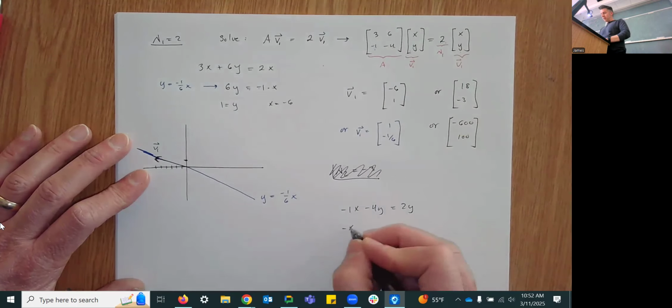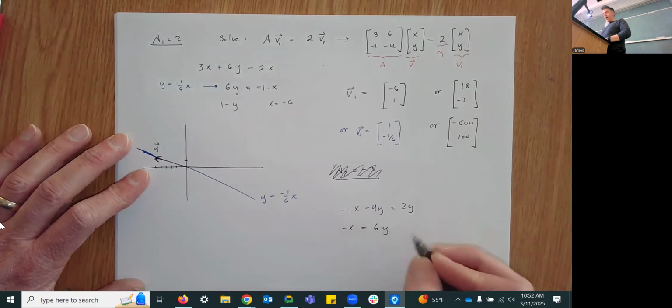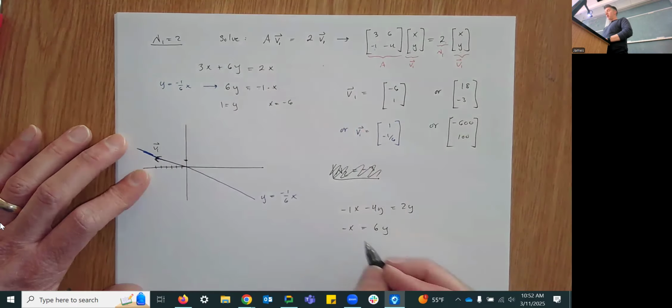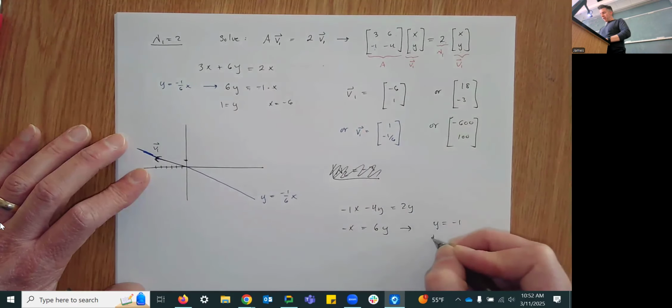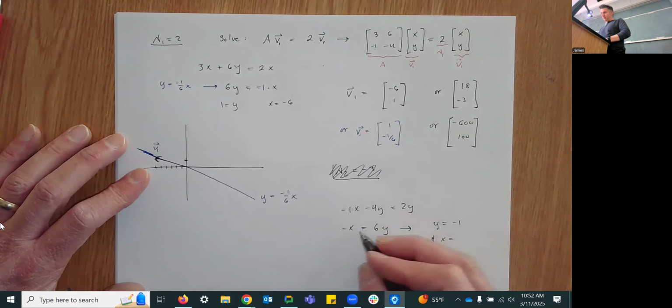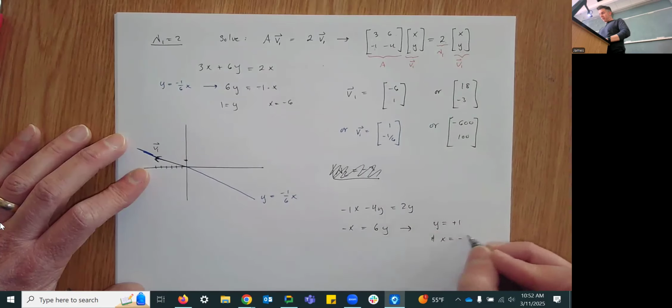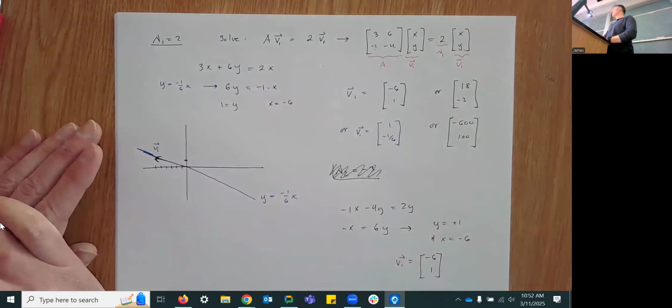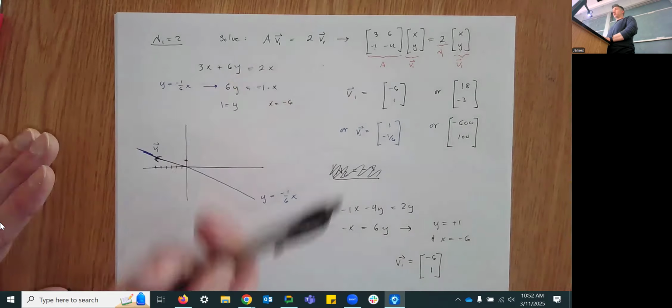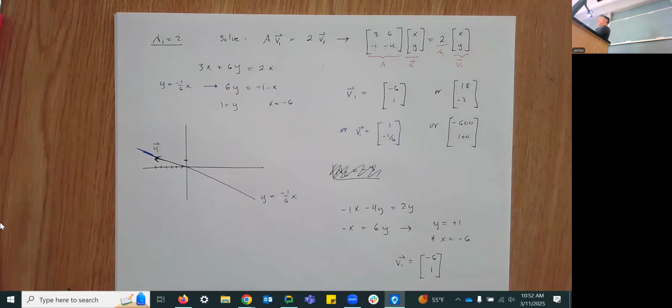We're going to get -x equal to +6y, and that's exactly the same equation as right here. So we're still going to get y equal to +1 and x equal to -6 for a vector of -6, 1. So really, either of the two equations should get you there. Very occasionally, one of the equations tells you nothing, and then you have to use the other equation to get there, but you only ever need one of them.